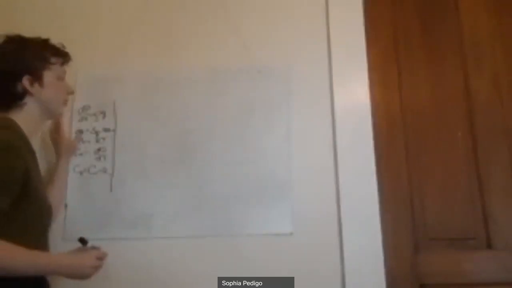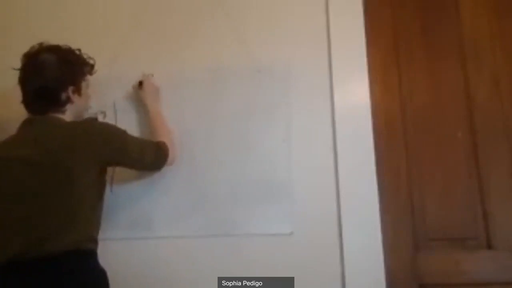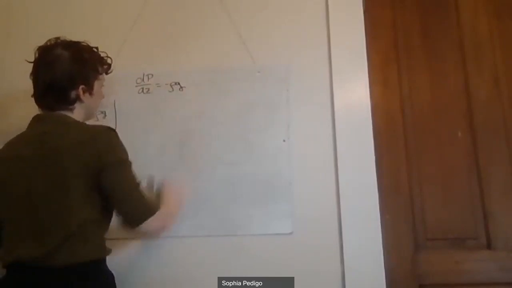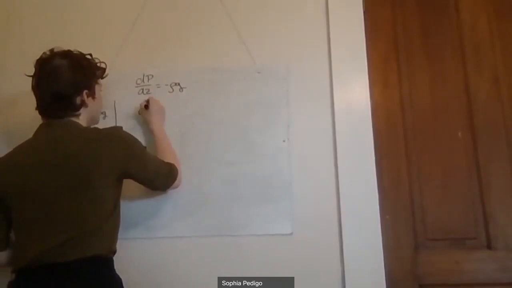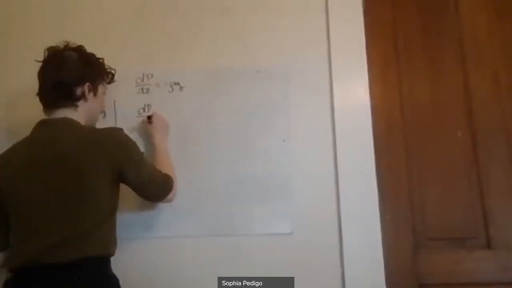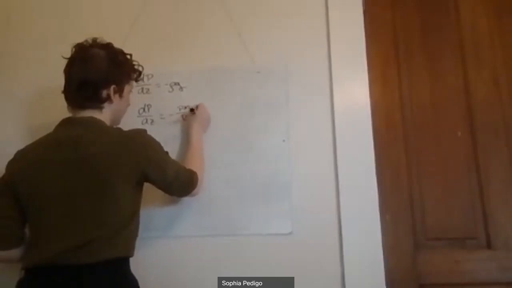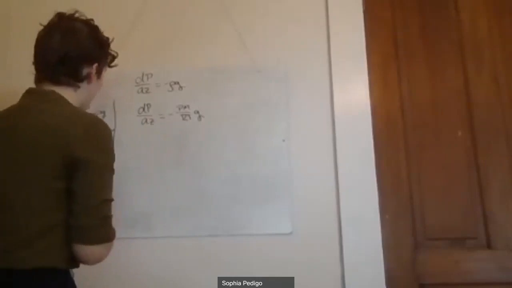Now we're going to start by looking at this first equation here. I'm going to rewrite it. So we have dP over dz is equal to negative rho g. We'll make a substitution for the density, and that will give us dP over dz is equal to negative PMg over RT. Now we can rearrange this equation and integrate both sides.